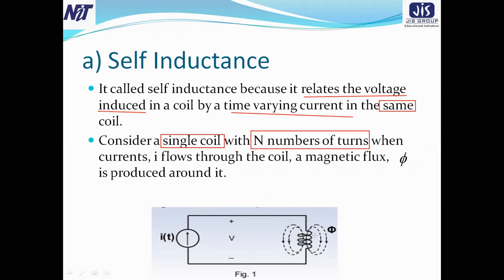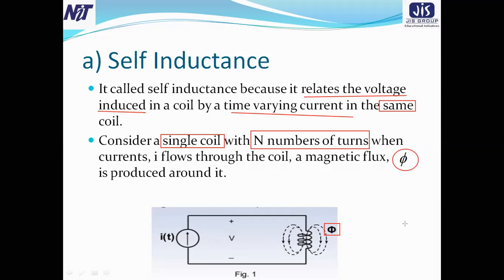Suppose 1, 2, 3, this is N number of turns. When current small i flows through the coil, a magnetic flux phi is generated. This phi is produced around it.